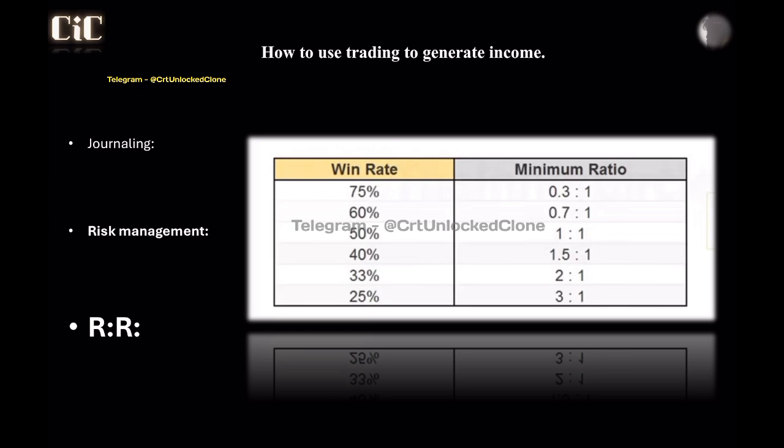Journaling is summarized in miss, journal, catch next time; win, journal, repeat; lose, journal, avoid. And you better be writing down intensive notes. Risk management is summarized in risking 1%, no more per trade. 1%.